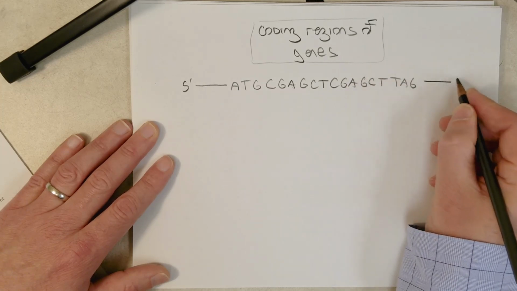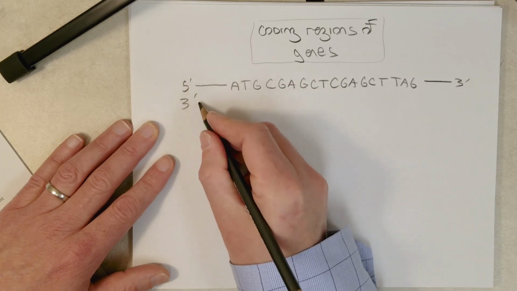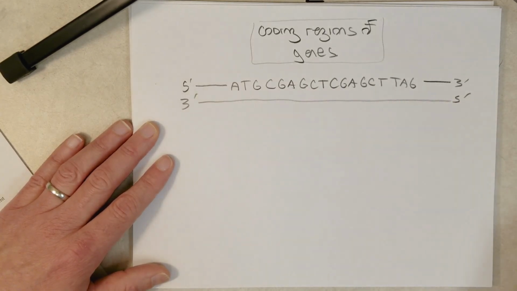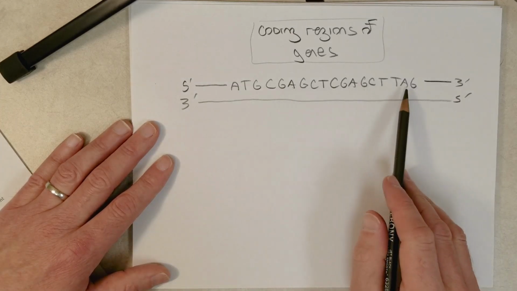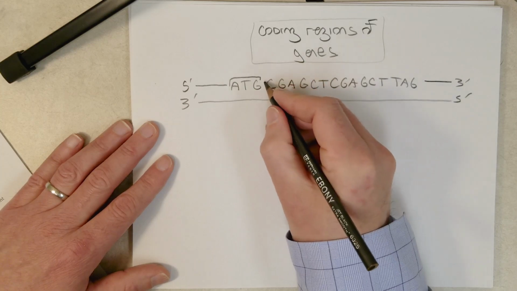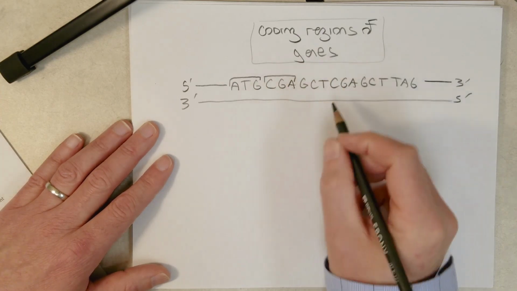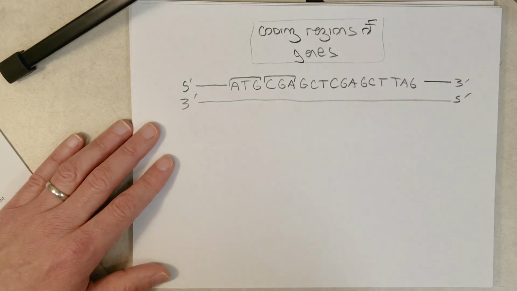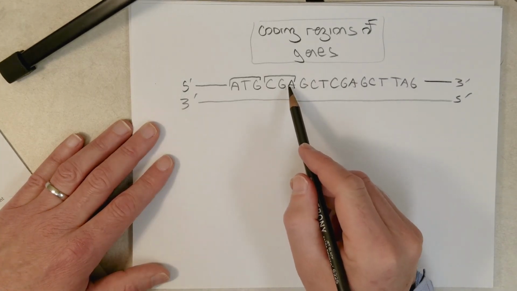Okay, there we go. Again, we're looking at the DNA molecule, not the RNA that's transcribed from this. Here's the start codon right here, and here's the second codon. We could take a look at any of these codons to talk about the terms I'm going to bring up next, but let's just look at this one right here.